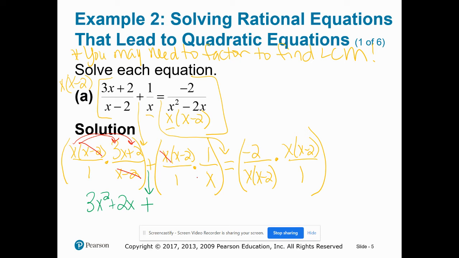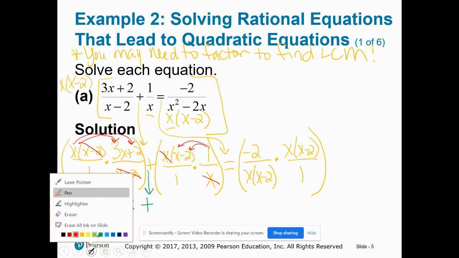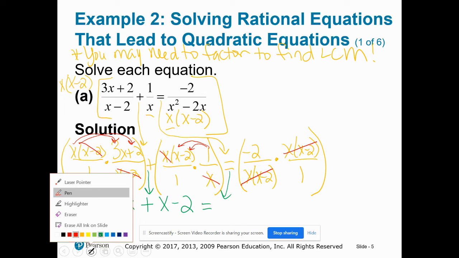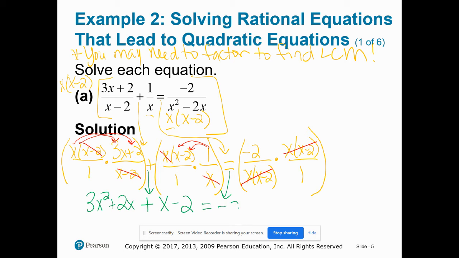In the middle, our x's can cross-reduce, so I'm distributing the 1 to the x minus 2. 1 times x is x. 1 times negative 2 is negative 2. Bring down our equal sign. And then over on the far right, all of this cross-reduces out. And so we are just left with that negative 2.